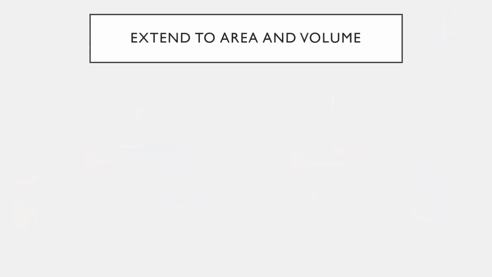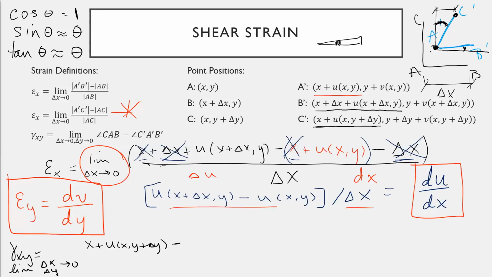So that's minus x, oops, minus x and minus u of x comma y. So that's gamma xy. What I'm computing right now? We're computing the shear strain. So it's gamma xy. Oh yeah, my sloppy gamma, that's gamma. Yeah, shear strain, not shear stress. We're calculating the amount of closure of this angle.